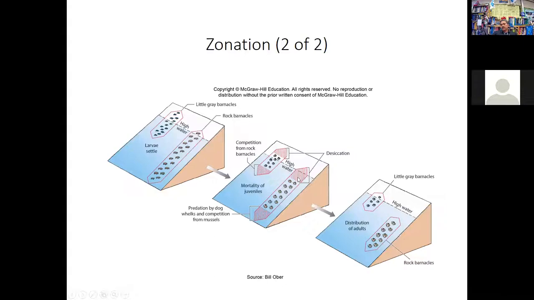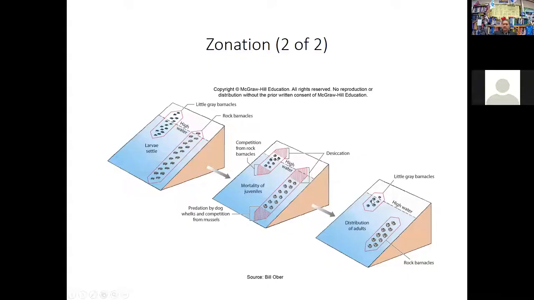The reason is that down here it's competing with other organisms, and up here they're getting dried out, and these guys are better at living in an environment that has come down from the high tide.